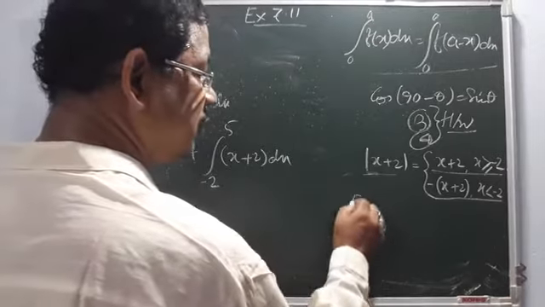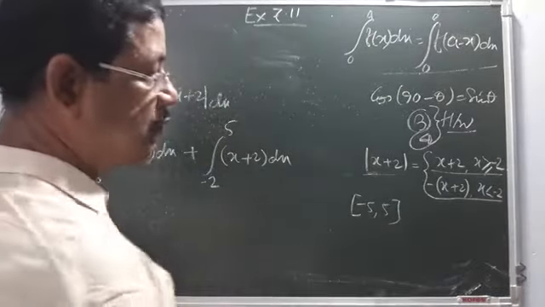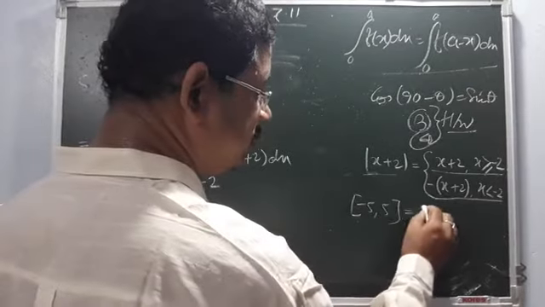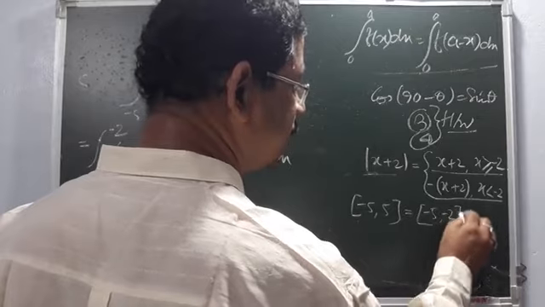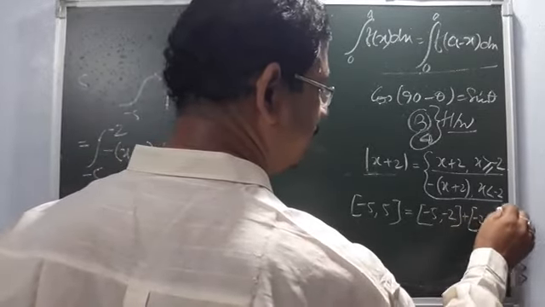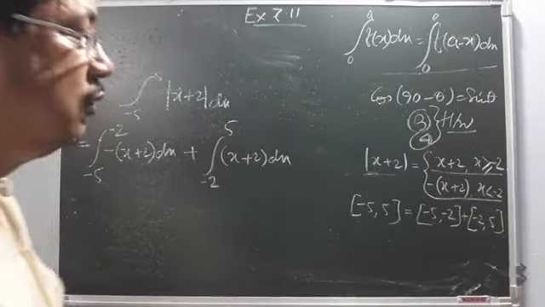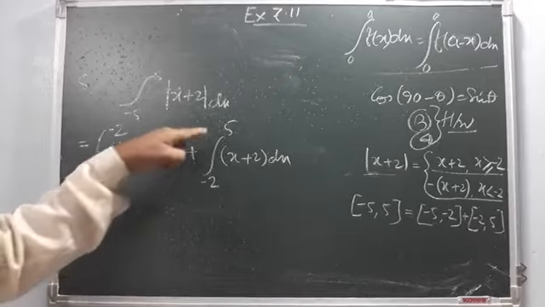Our limit is given from minus 5 to 5. Lower limit is minus 5, upper limit is 5. So instead of this, we have written minus 5 to minus 2 plus minus 2 to 5. We can divide this way.